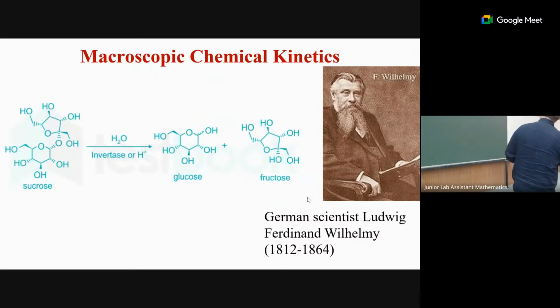This is the reaction, for those people who really want to know the chemistry, with sucrose, sugar, very sweet stuff which you all like a lot. And then it goes to glucose and fructose. By the way, fructose is twice sweeter than sucrose.